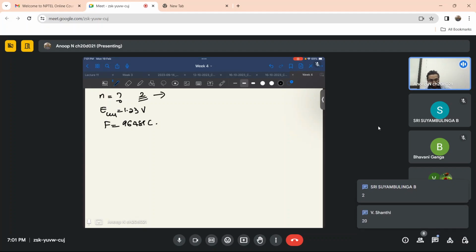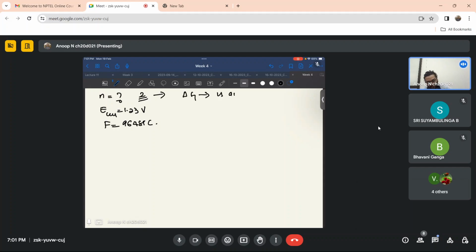Shanti already commented, delta G is an extensive property. It will depend on quantity. How? Because what is delta G? Delta G is maximum possible work.